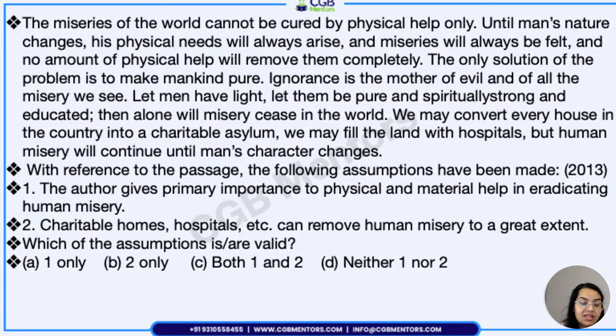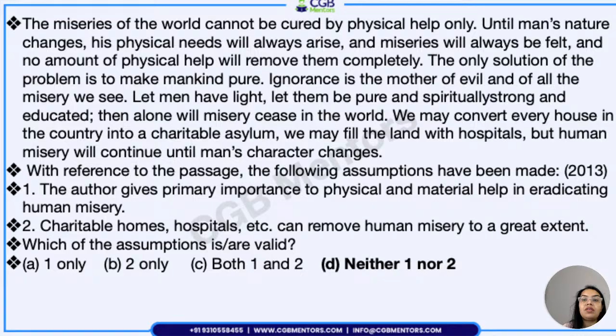And wrong with it. I'll just give an approximate time. Neither one nor two. Yes, this is something that has an equal chance of being your right answer. So please don't disregard the option just by going through it.